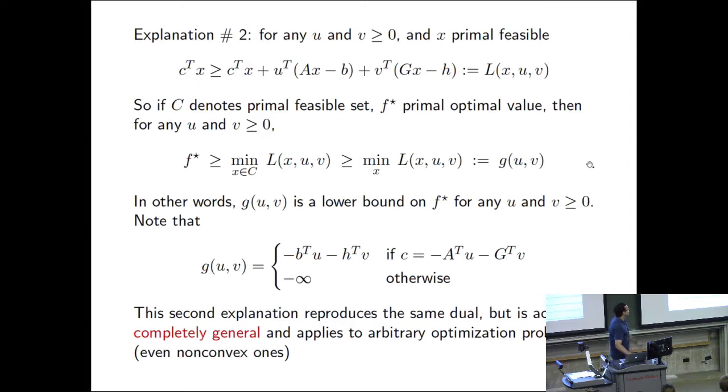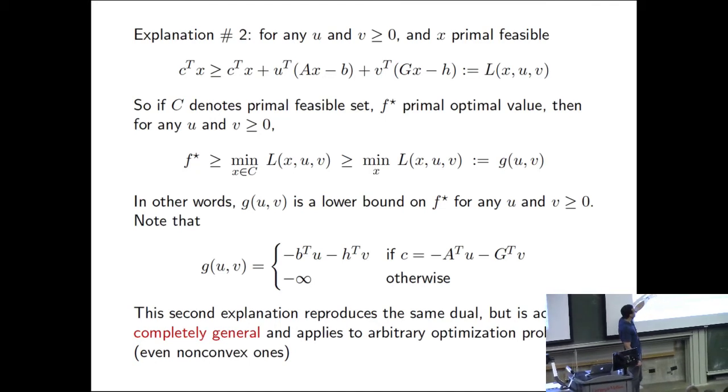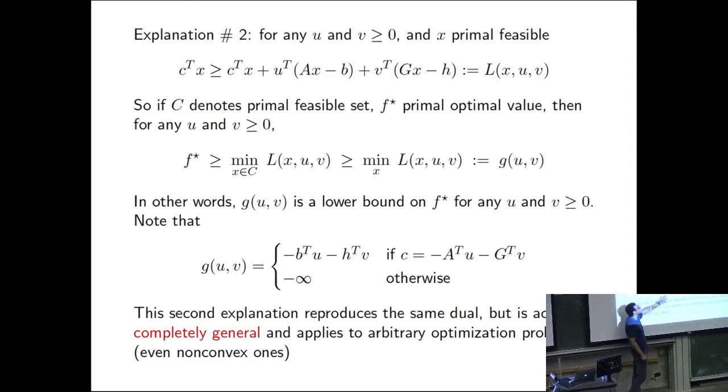So we defined this function g(u, v), which was just the min over x of L(x, u, v). It's called the Lagrange dual function. And if you went through the calculations, if I just tried to minimize this Lagrangian up here, as I've defined in the first line, over x, then I get minus infinity, essentially, if that thing is truly a linear function, which means that the coefficient multiplying x is not 0, right?